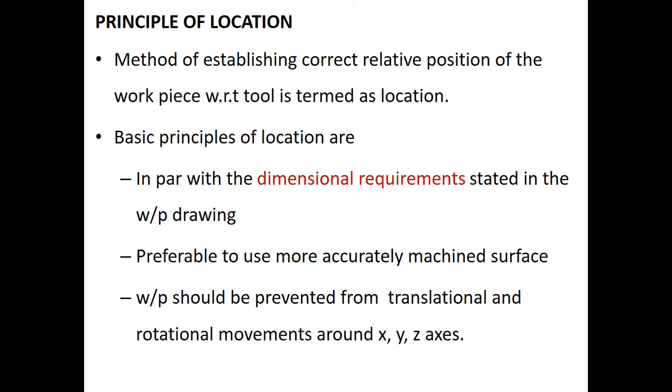That is termed as the location. I hope you are understanding, because we need to do the machining of the workpiece to get the close dimensional tolerances as per the requirement of the drawing. So the method of establishing correct relative position of the workpiece with respect to the cutting tool is termed as the location.